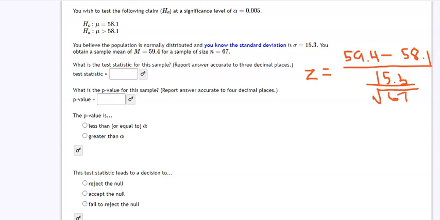Okay, so on top, I'm going to get 1.3, and I will put the bottom into my calculator.